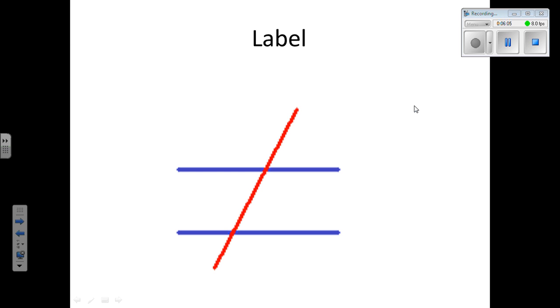So let's label these. Below is an example of a transversal in red and two parallel lines.